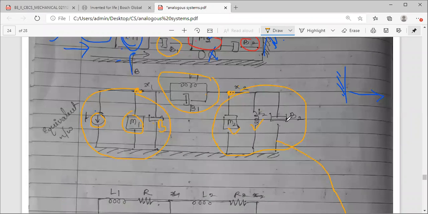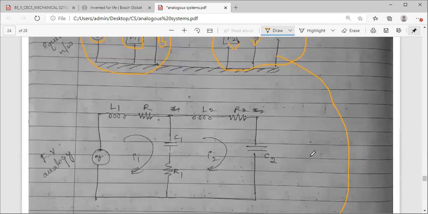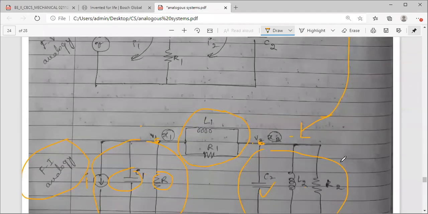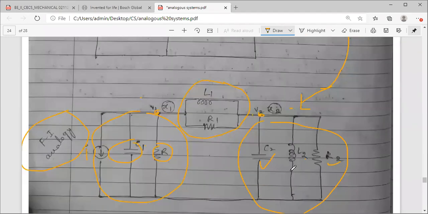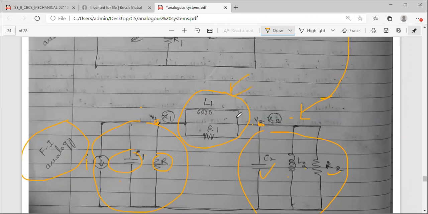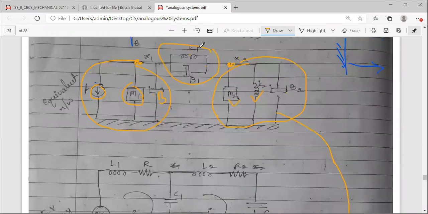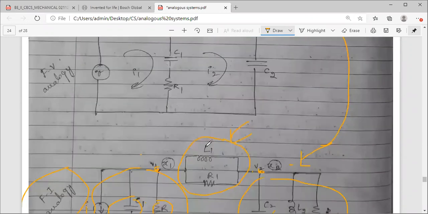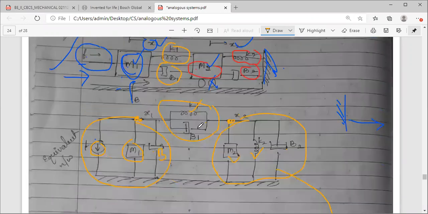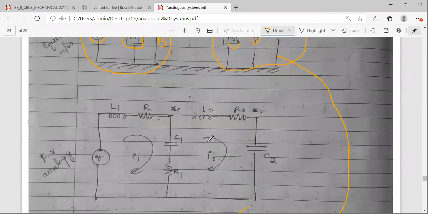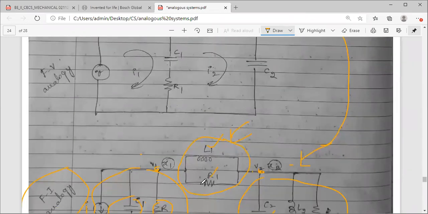And then the last one, damper element B2, it is resistance R2. So whatever suffixes 1, 2, 3, 4 are there, similarly you have to take R1, L1, L2, whatever. Now coming to the shared elements in between: the spring K is replaced with the inductance, and the damper is replaced with the resistance.